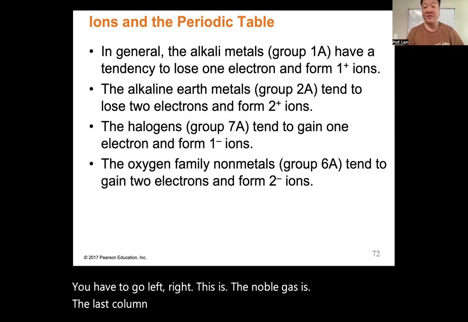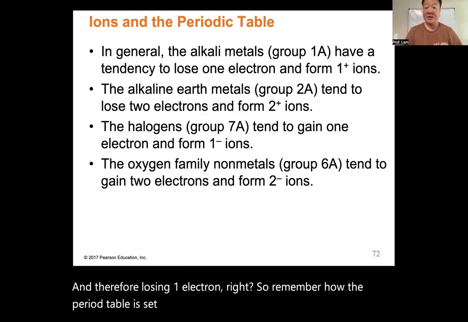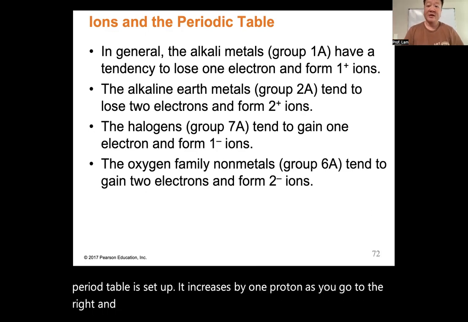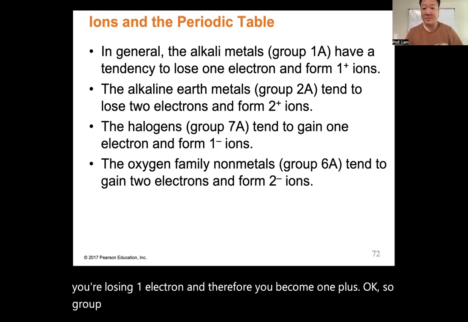So you have to go left, and therefore losing 1 electron, right? So remember how the periodic table is set up. It increases by 1 proton as you go to the right and down, okay? So that means if you go back left 1 space, you're losing 1 electron, and therefore you become 1 plus. So group 1A are 1 plus ions.